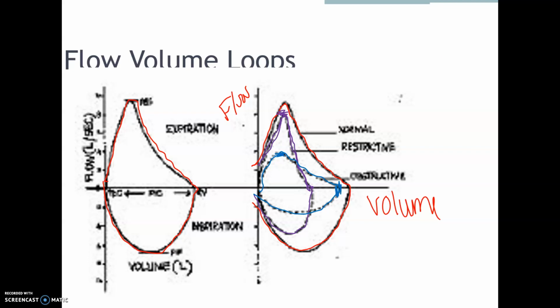So again, restrictive components have problems with their volumes. Obstructive components have problems with their flow. And when I say volume with restrictive, I'm more talking about capacity. So again, obstructive diseases have problems with their flow. Restrictive diseases have problems with their volume or capacity.